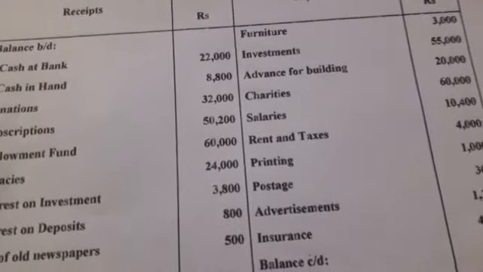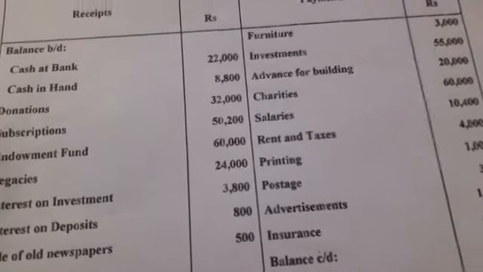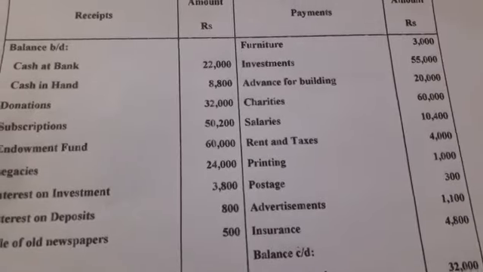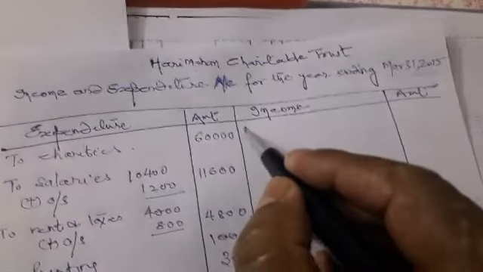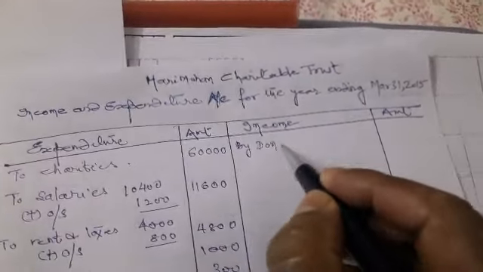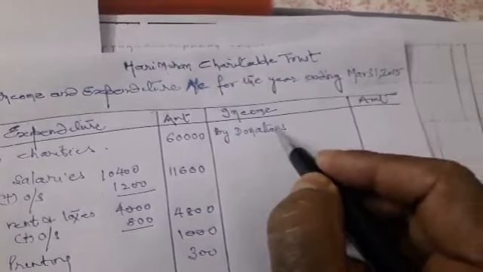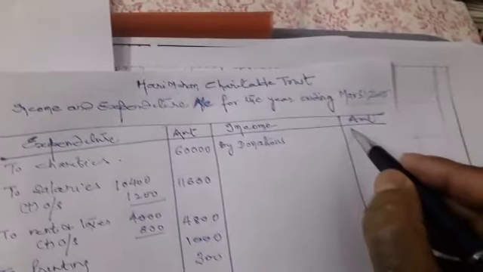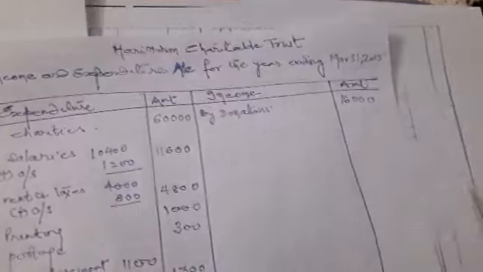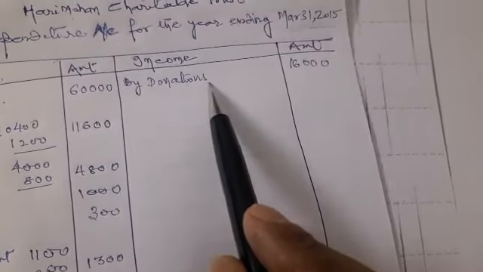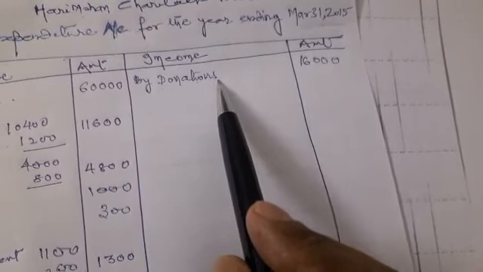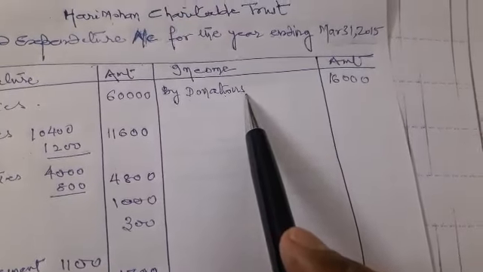Next is donations. It is given on the receipt side. That means the club has received some donation, so it is income for the club. By donations 16,000. In the question, the purpose of donation is not given.